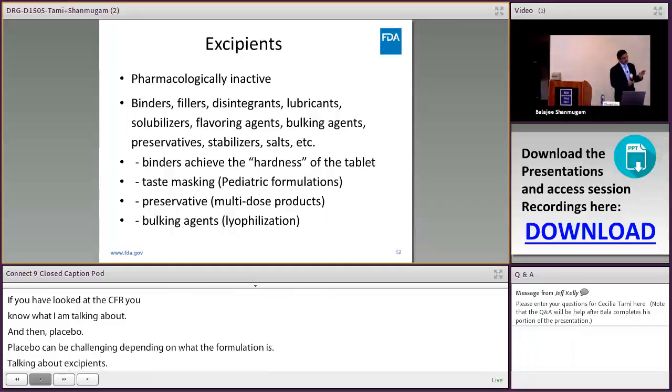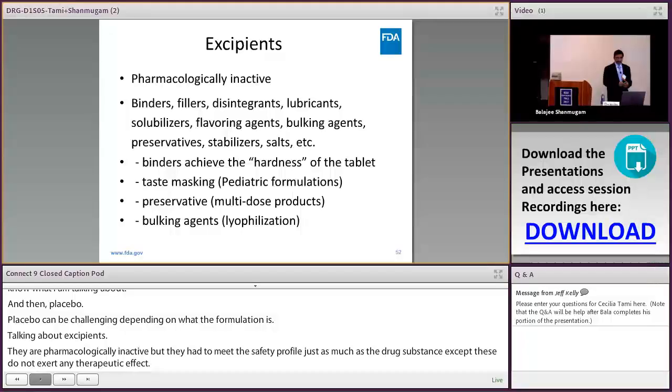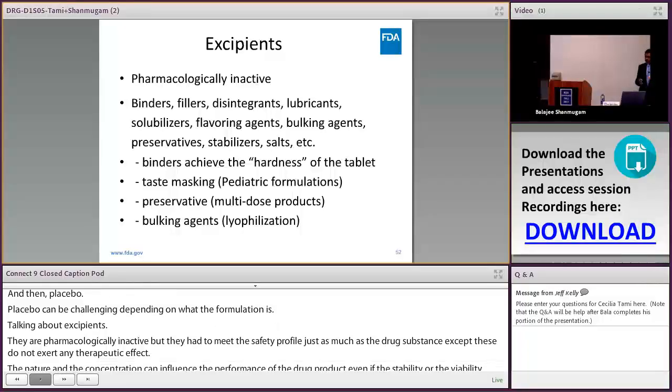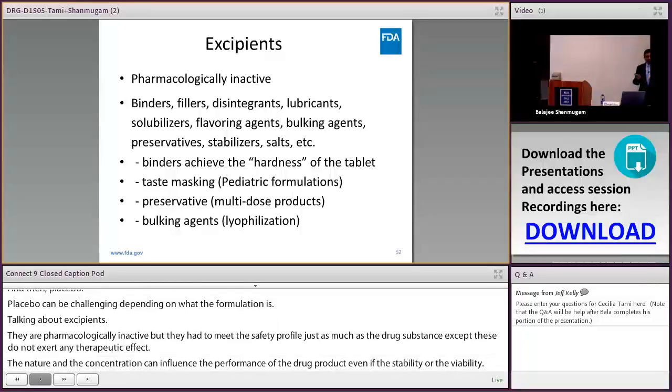Then the nature of the excipient, the concentration, and the characteristics of the excipients can really influence the performance of the drug product, either stability or bioavailability and so on and so forth. And one of the things about the excipients is you have a variety of attributes based on which you would choose an excipient for your formulation.